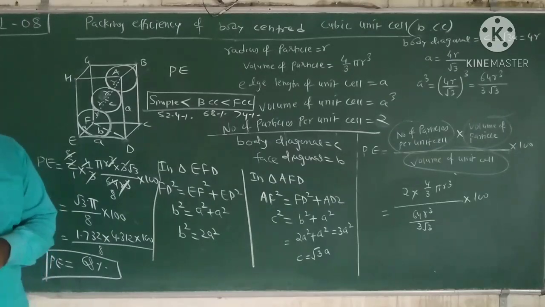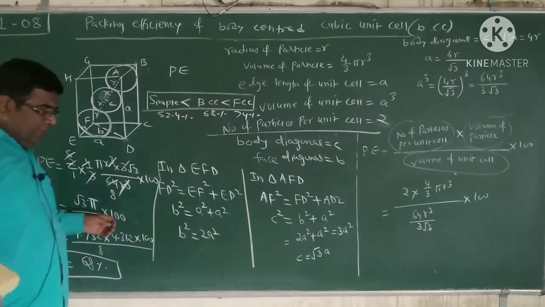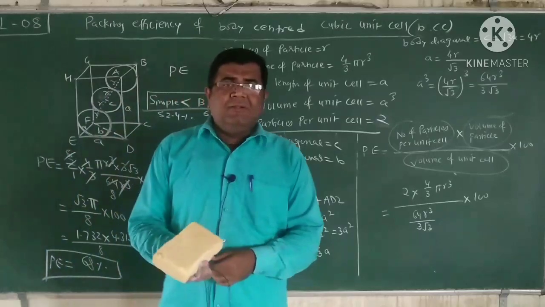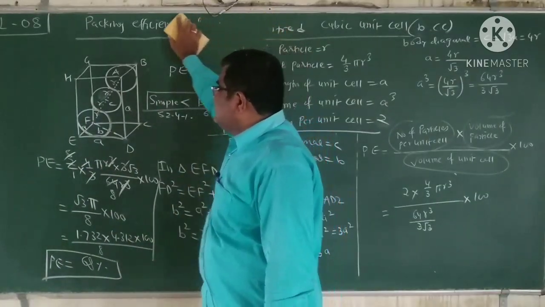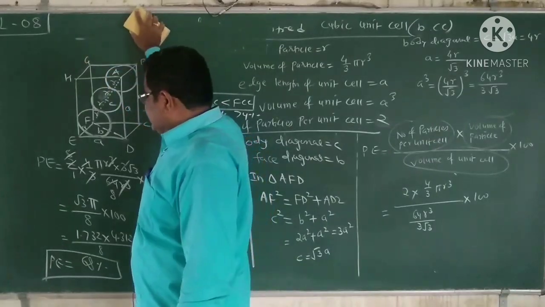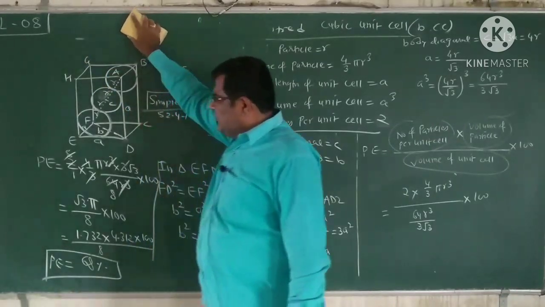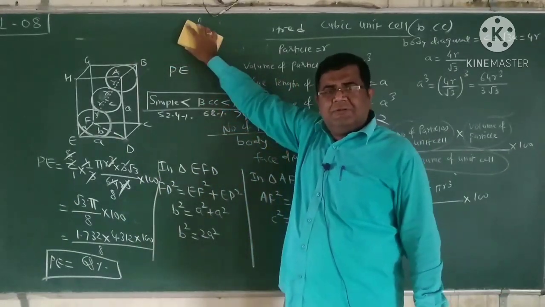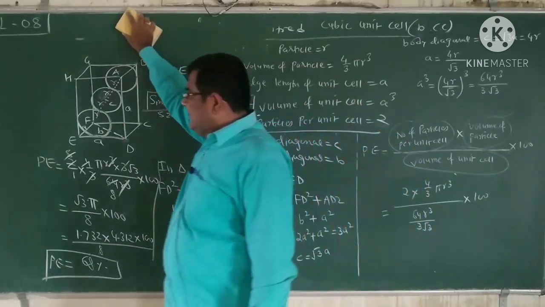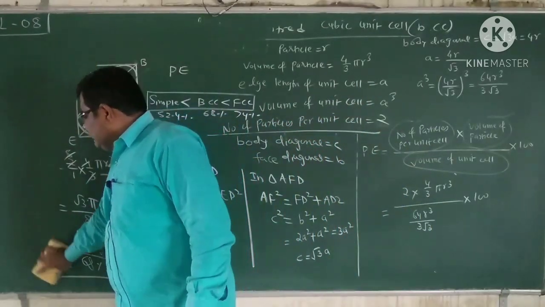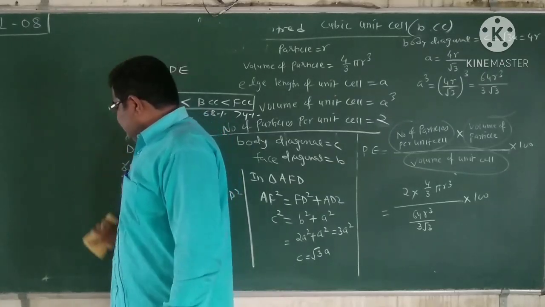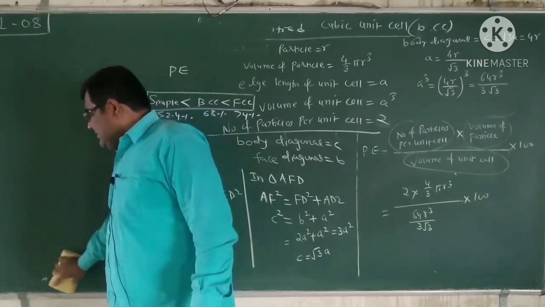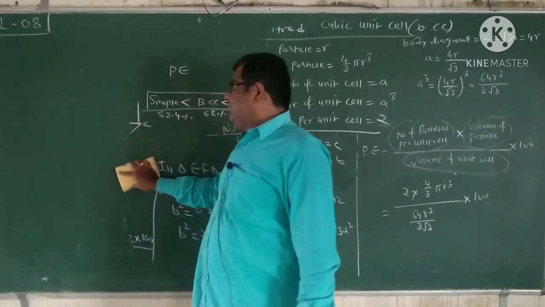Now we'll make one table, and in that table we'll write the important results of all these crystal systems. You can pause this video, complete this, or in printed notes also you can prepare it. In printed notes or examination, we should take 3 things as equal meaning.